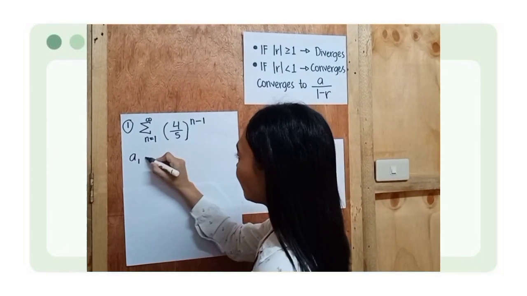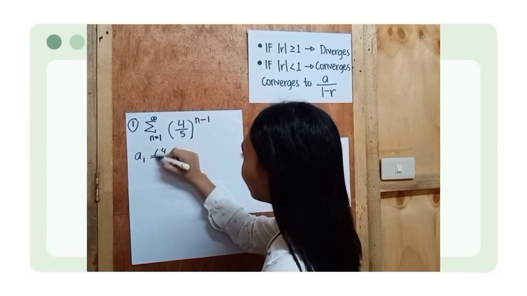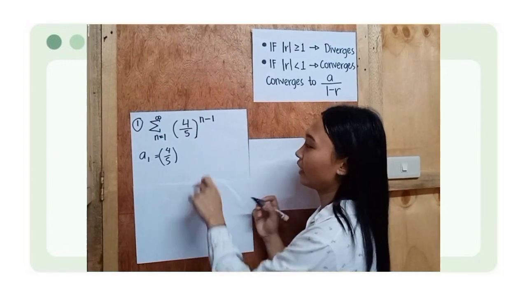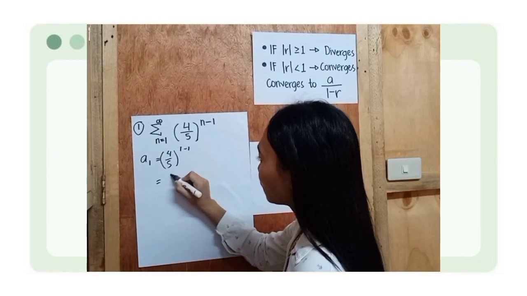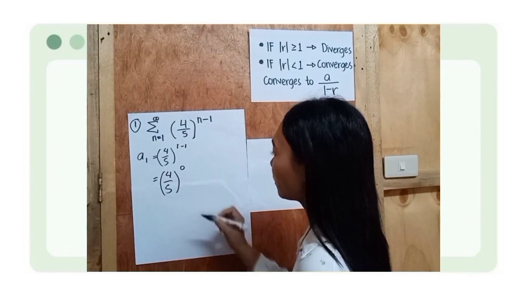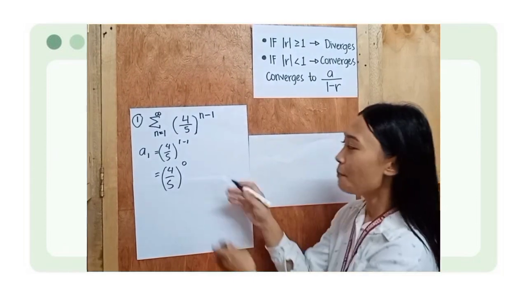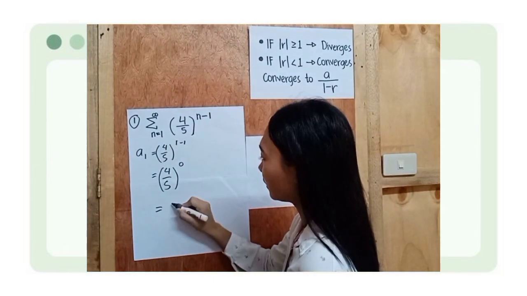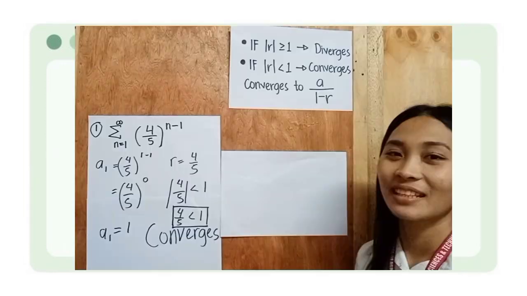A sub 1 is equal to 4 over 5 to the power of 1 minus 1, which is 4 over 5 to the power of 0. Since, by our law of exponents, any number raised to the power of 0 is equal to 1, our A sub 1 is equal to 1.